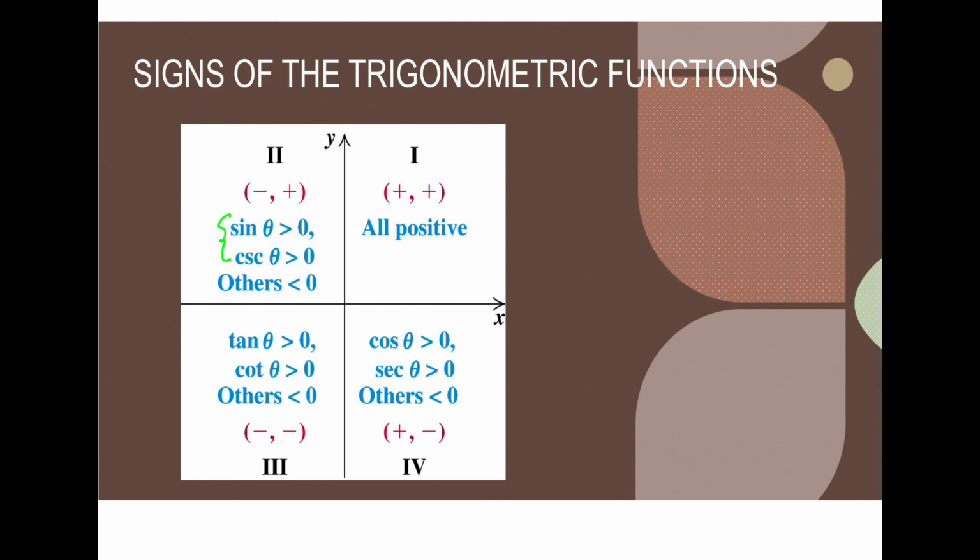In the third quadrant, remember, tangent is made up of y over x, and both x and y are negative in the third quadrant. And so a negative divided by a negative, whether it's y over x or x over y, is going to make it positive. So tangent and cotangent both involve only x and y.